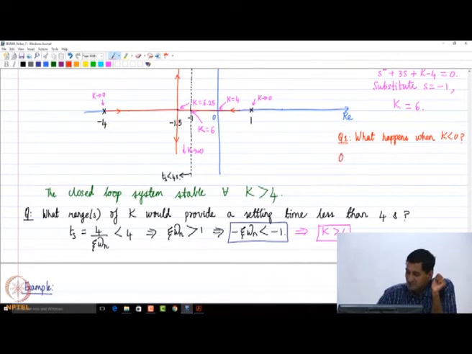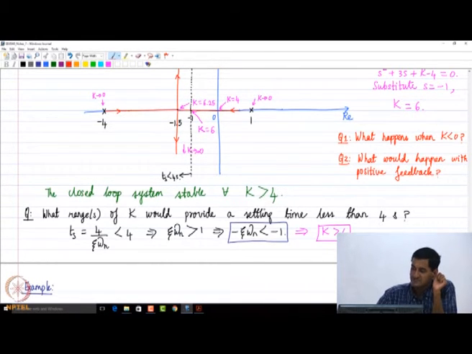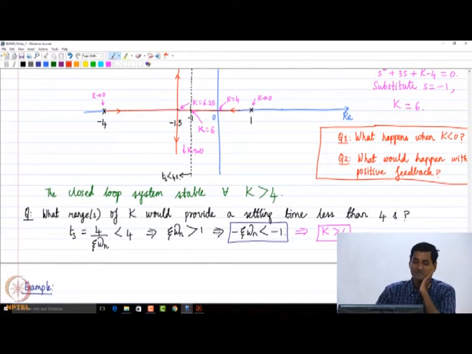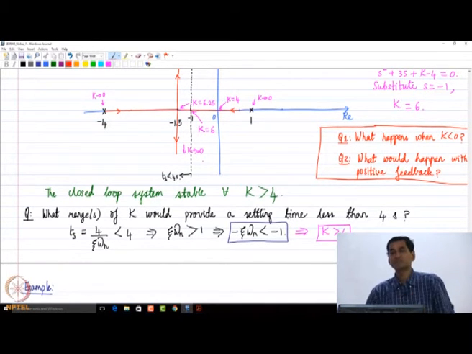And question 2: what would happen with positive feedback? That's the second question we need to ask ourselves. We looked at negative feedback, but if we are doing positive feedback in some case, how would the steps of the root locus change?